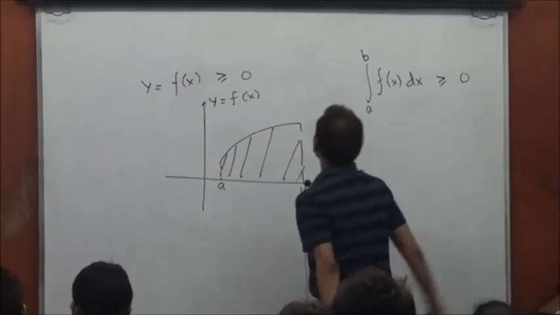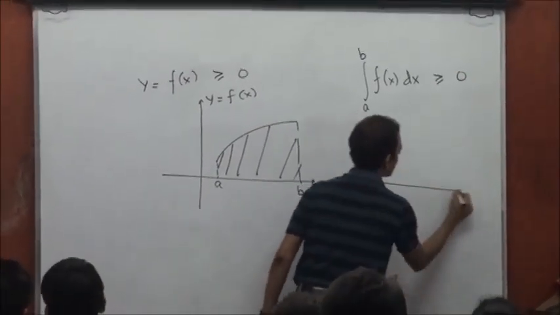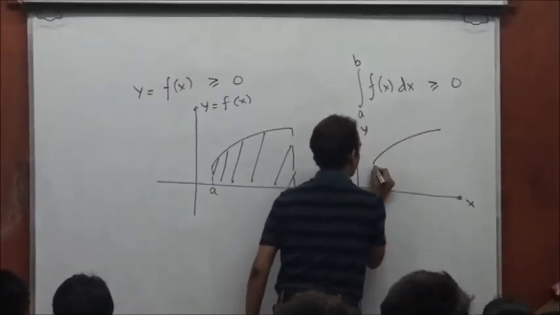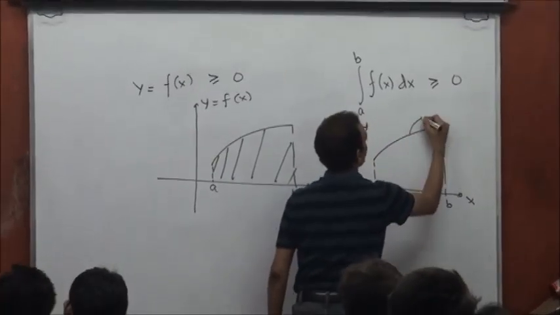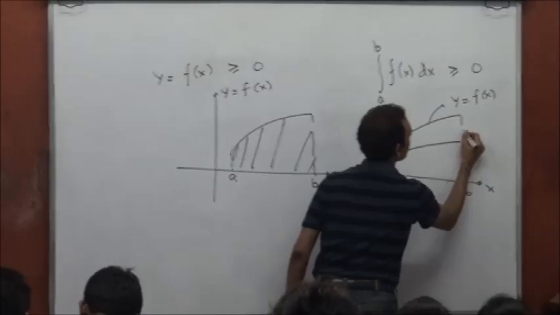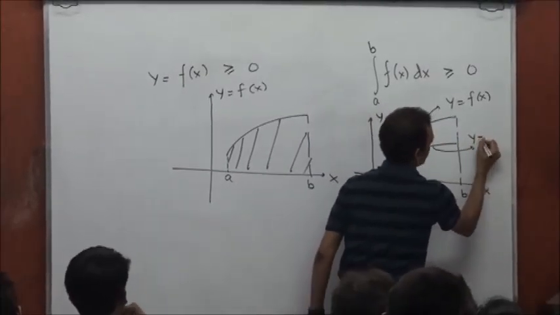Similarly, if I have a function y equal to f(x), which in a given interval a to b, this is the graph of y equal to f(x), is higher than the graph of y equal to g(x).